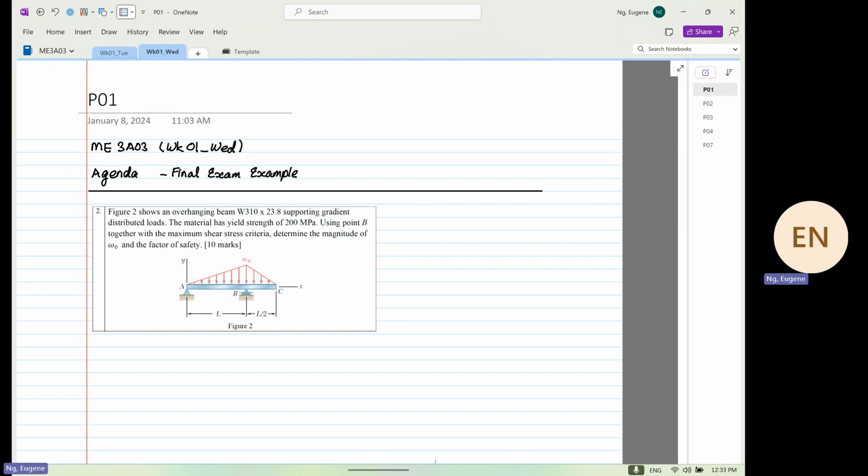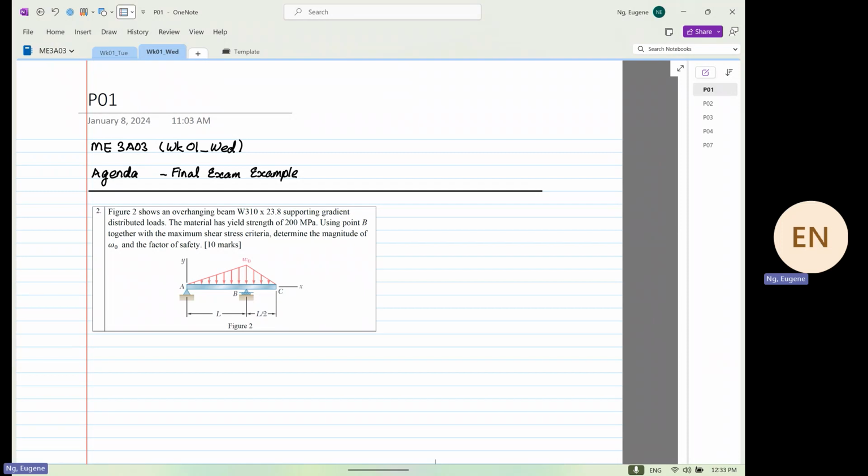Yeah, spot on. What is the value of the length? We only know AB is L and BC is L over 2. If you don't know the magnitude of L, how are you going to determine the factor of safety?